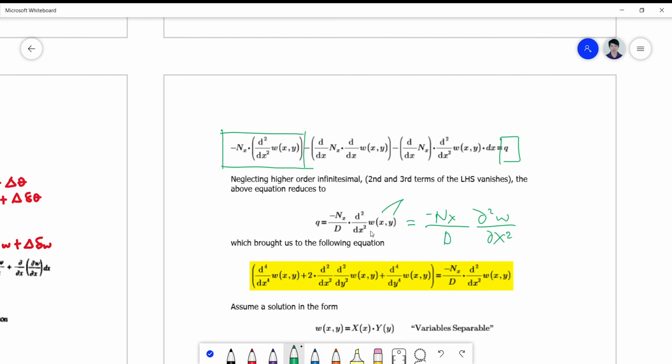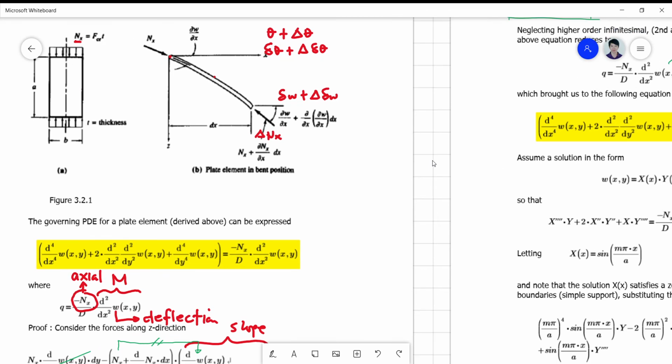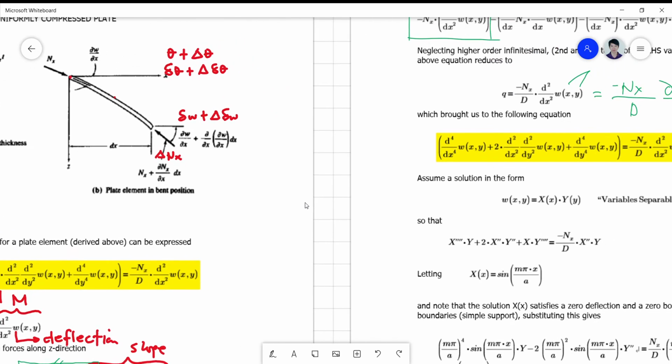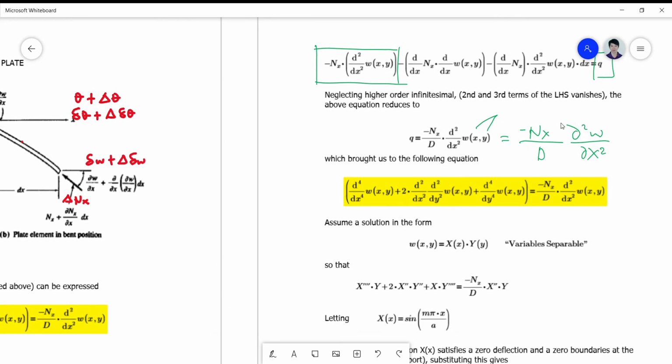So this will bring us into this equation now, such that your q was replaced simply by this value here. This is just a proof that q is actually the same as this value.